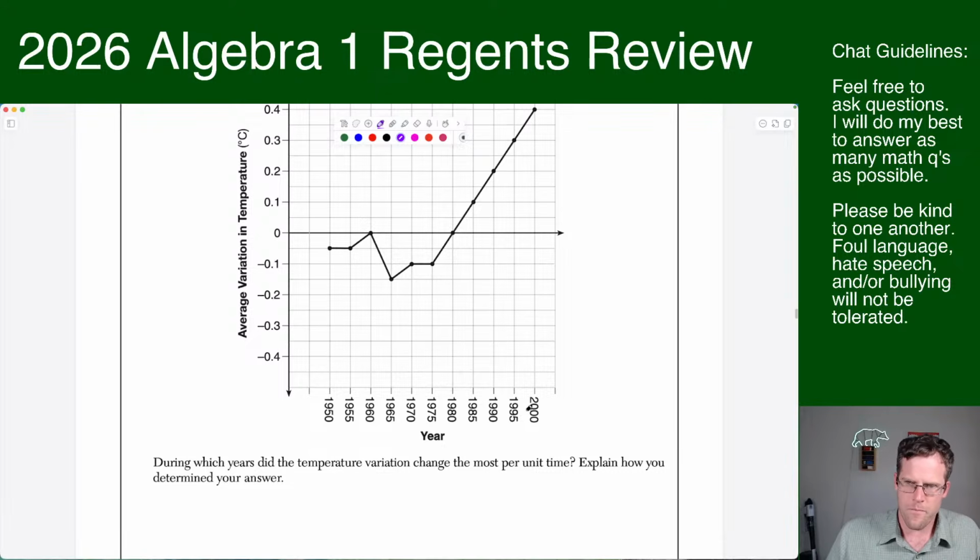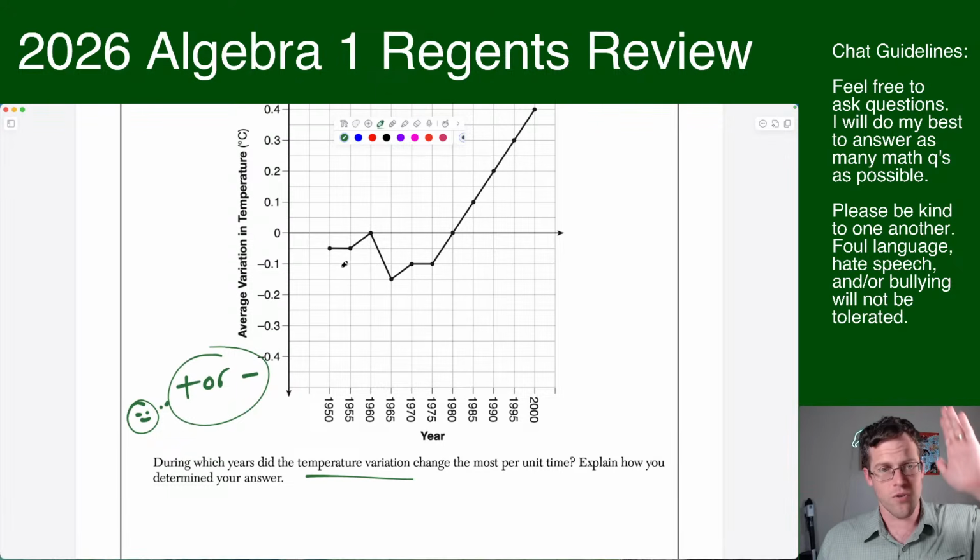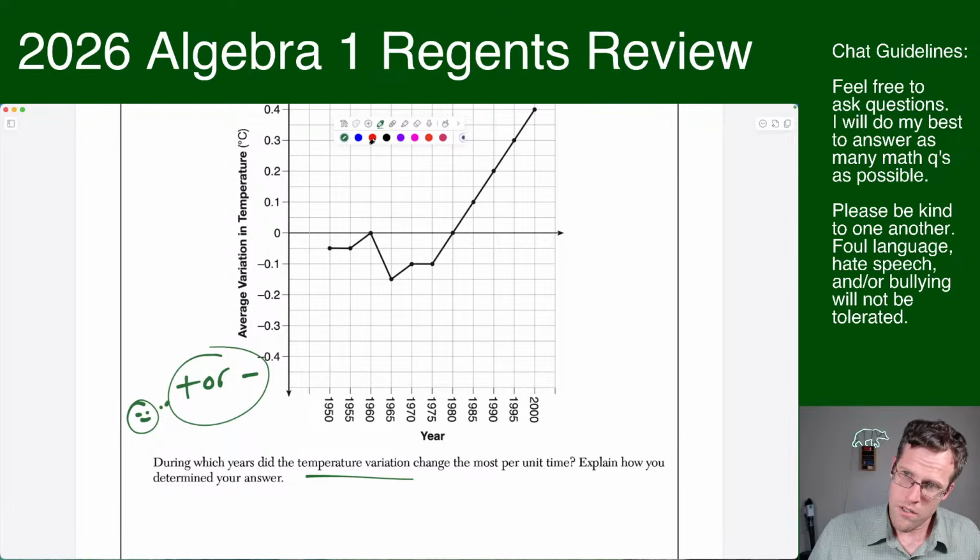So for this one, I'm just looking at the slope. Okay, so temperature variation, just know the trap here. This could be positive or negative. So a steep rise or a steep fall? All right, so let's see. So not this one, because this is 0. I'm going to introduce you to slope guy.